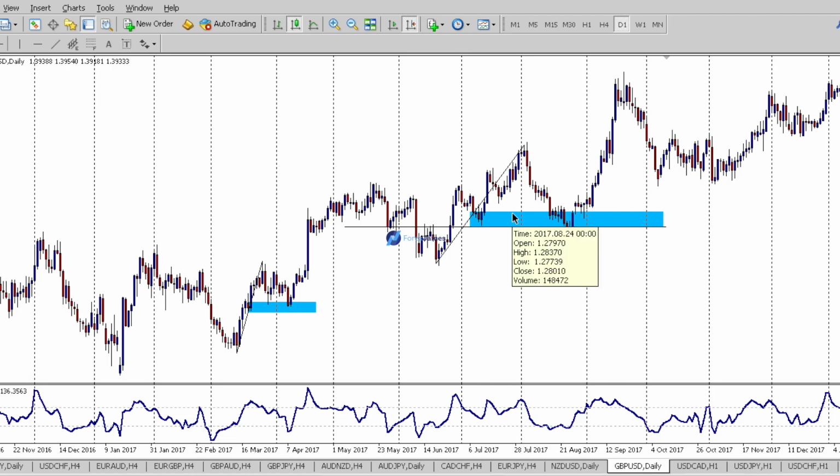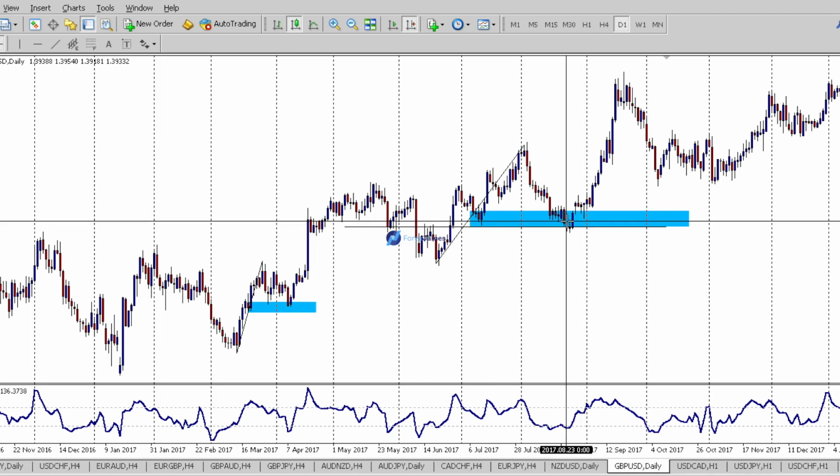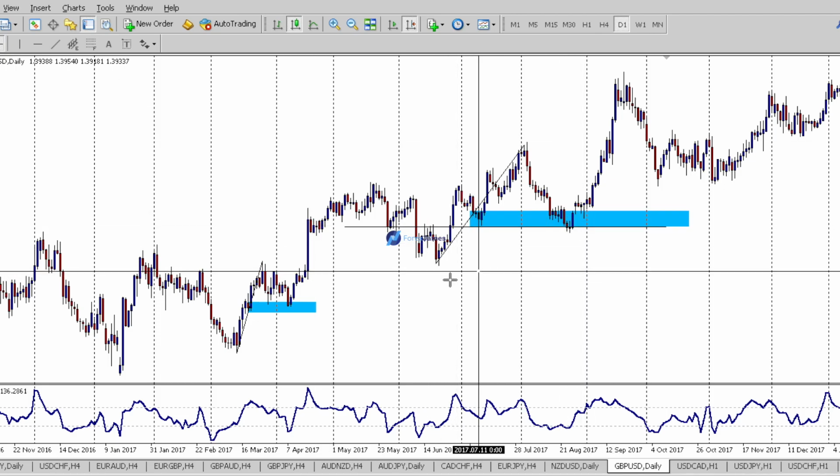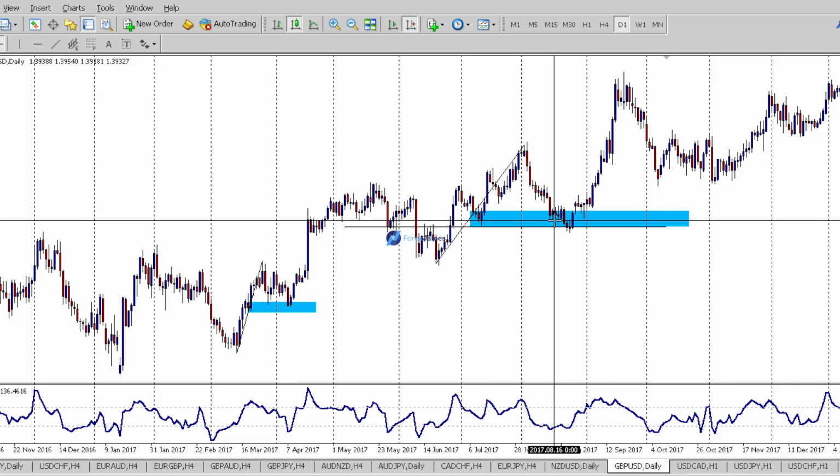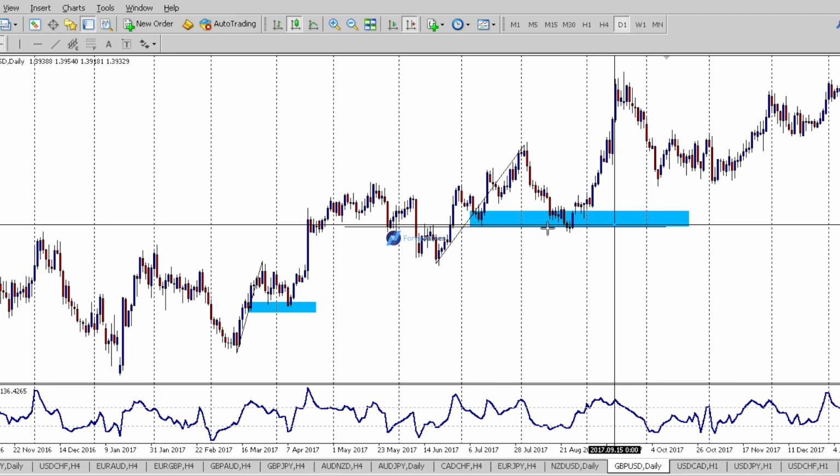It's not meant to respect the rectangle to the pip. That's how trading is. It's just merely a zone. We have to look for more confirmation here to enter, because we don't want to enter long here with our stop loss below this point. We could do that, but it wouldn't be a great reward to risk trade.